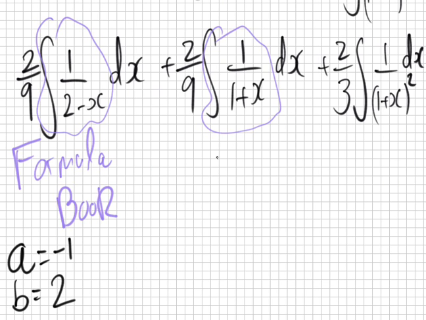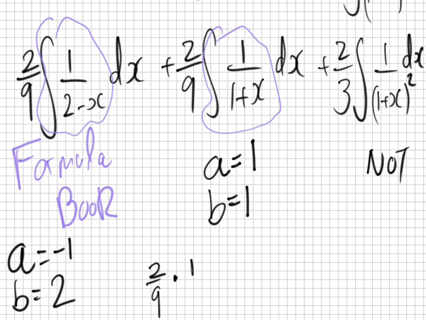And then here, what is A? 1. And the B is 1. And this one here is not in the formula book, so I'll show you what to do with that in a moment.